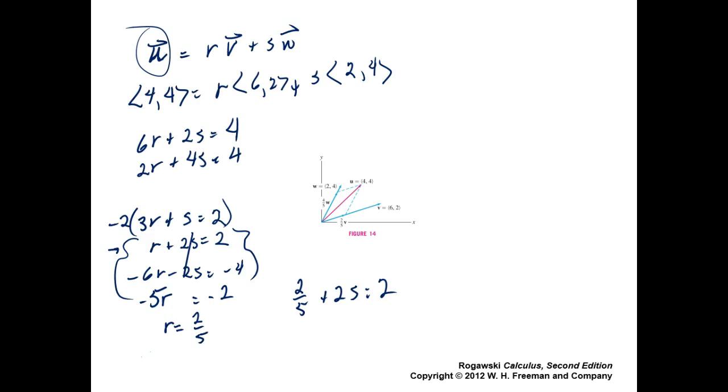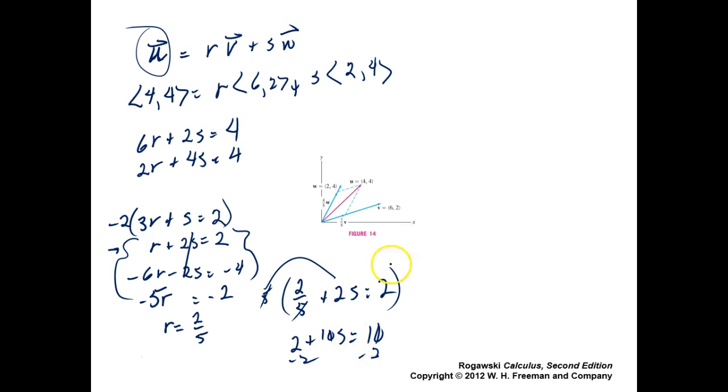If you don't like messing around with fractions, which some people don't, what you could do is multiply the whole thing by 5. And what would that give you? 2 plus 10s is equal to 10. And then you could subtract 2 from both sides.